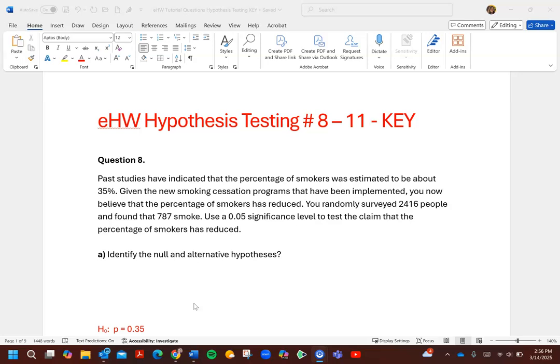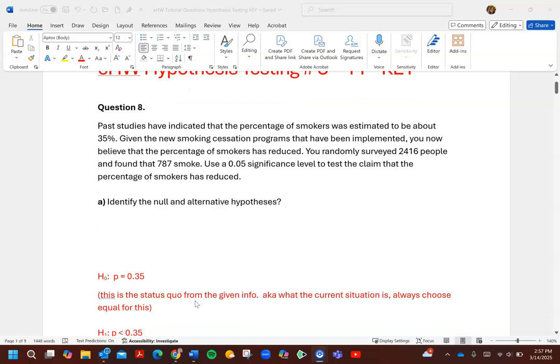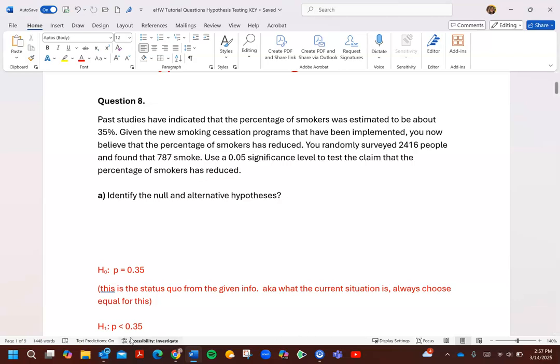So they're saying it's equal to that or higher, but the methods that we've been using always put just equals for the null, and then the alternative will contain either an equal or inequality. So think of the null as the status quo, whatever the current situation is. And then the alternative, we call that H sub 1, and that is p less than 0.35.